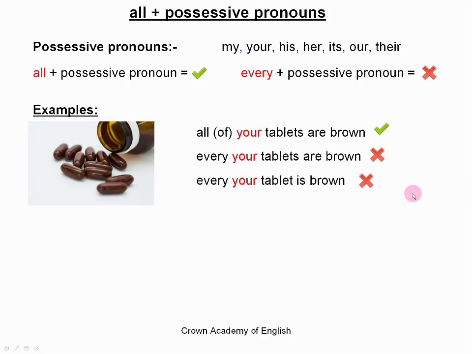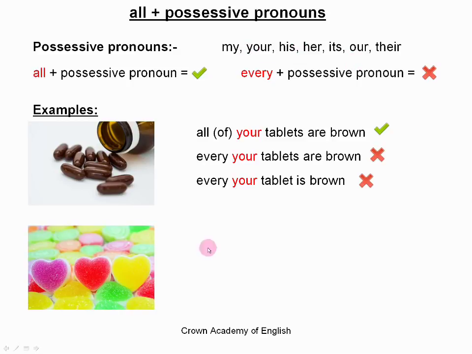Another example. Here we have some sweets, and they are all in a heart shape. So we would say all of their sweets. So if the sweets belong to them, third person plural, that is okay.